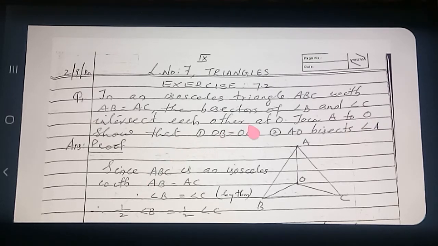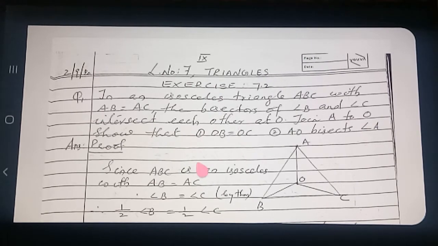You want to prove OB equal to OC. And the second part is that you want to prove that AO is the bisector of angle A. The meaning is that you want to prove this angle equal. Okay, is the question clear now? Is the question understood?